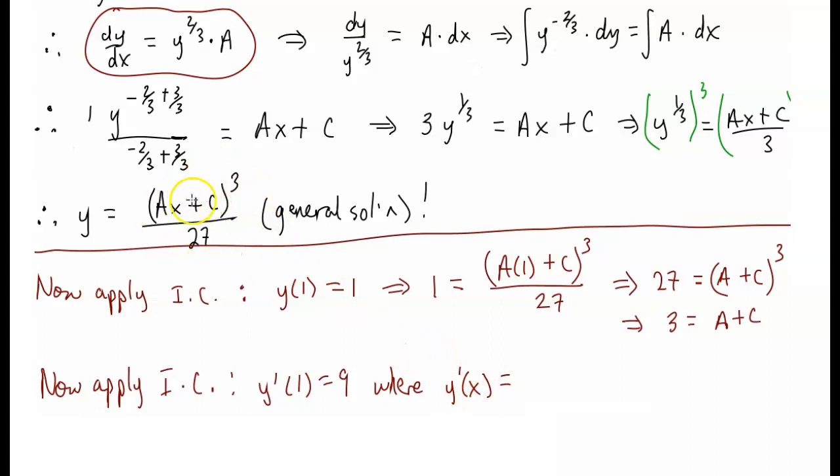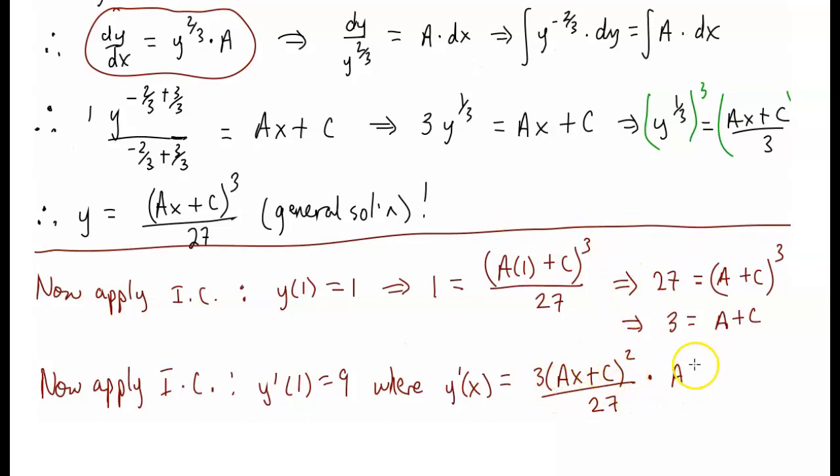Of course, since this is a composition function, we'll use the chain rule. So the chain rule says take the derivative of blah cubed, which will be 3 times everything that's on the inside there squared, and of course divided by the constant 27, times the derivative of the inside function. The derivative of ax with respect to x is just a, and the derivative of any constant is 0.